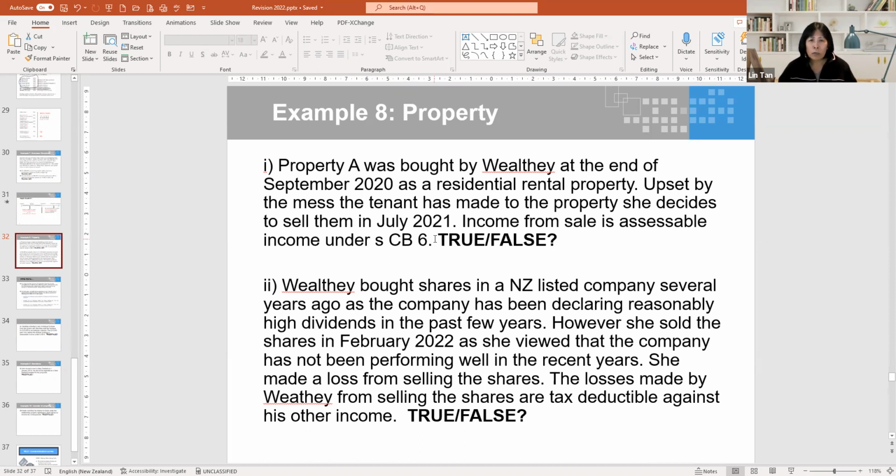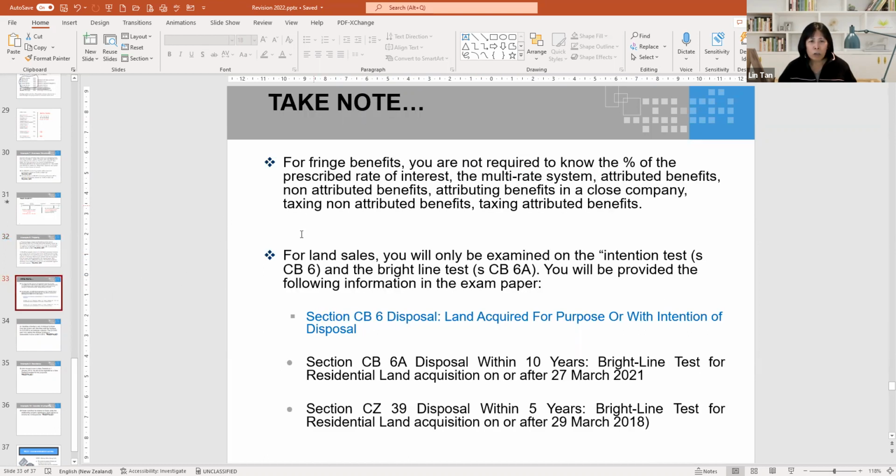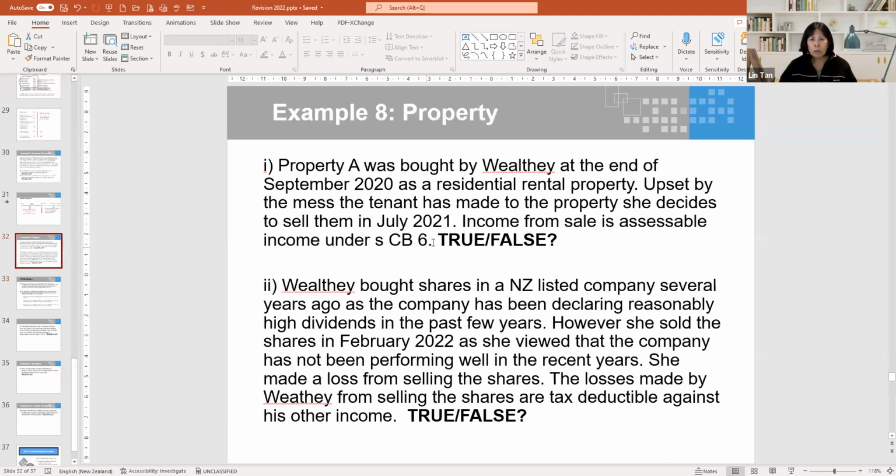So if you cannot remember what section CB6 is, go and refer to the reference document, and you find that CB6 is about land acquired for the purpose or intention of disposal. So this statement refers specifically to section CB6 only, right? So your explanation should just refer to this section.